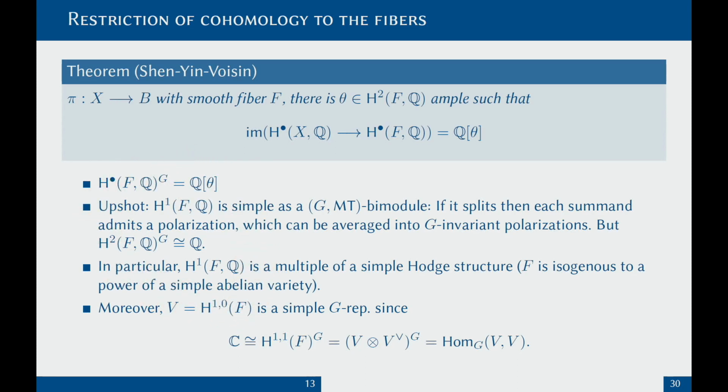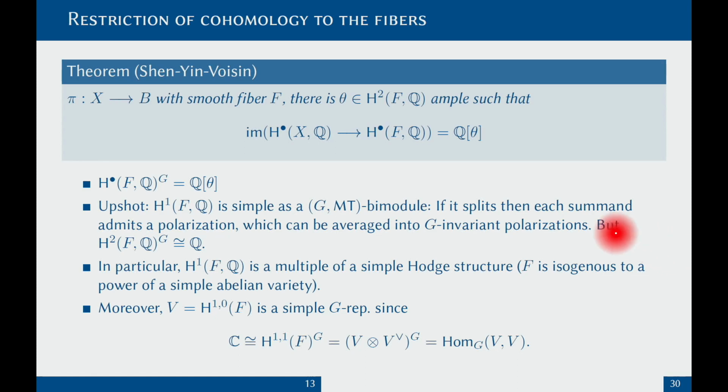A consequence of this fact is that when you have something that's simple as a bimodule and you restrict it to just one of the two structures, it's going to be isotypic. It might not be irreducible anymore, but it's going to be a multiple of a simple thing. So if you look at it as a Hodge structure, H1 of F_Q might not be a simple Hodge structure, but it's a multiple of a simple Hodge structure.